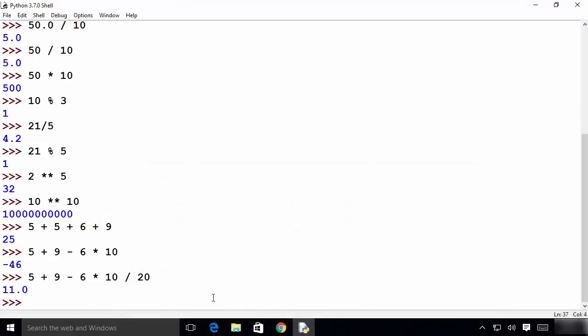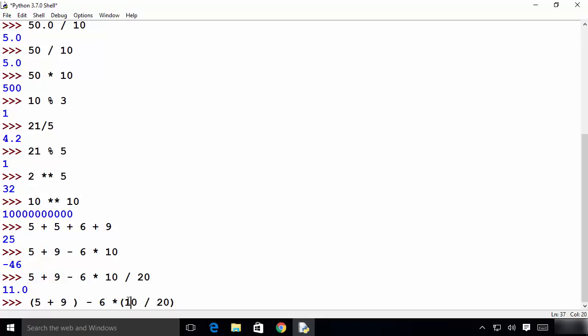So let's take an example of that. So first the addition of these two numbers will happen, and then the division of these two numbers will happen because parentheses have the highest priority.